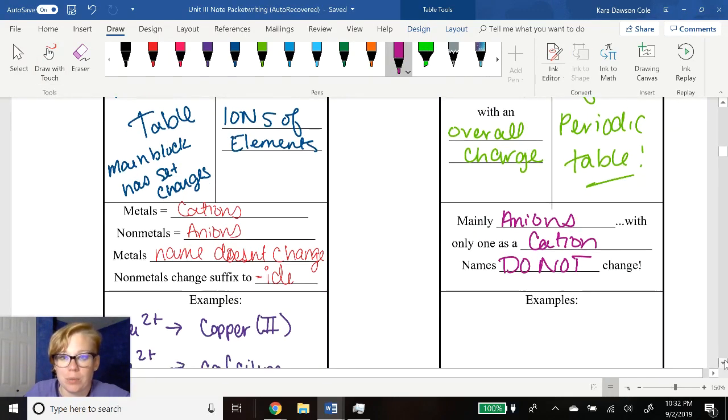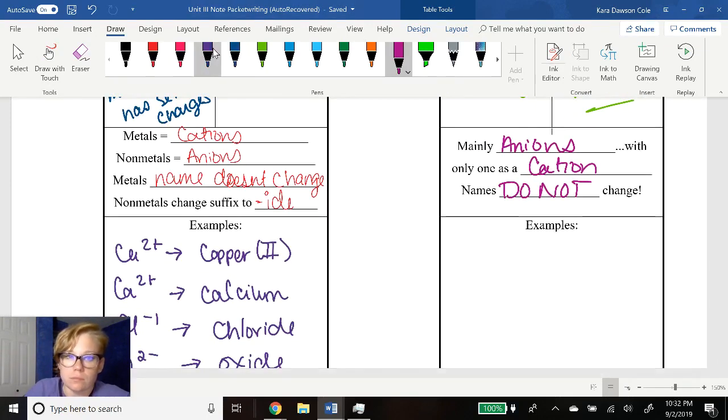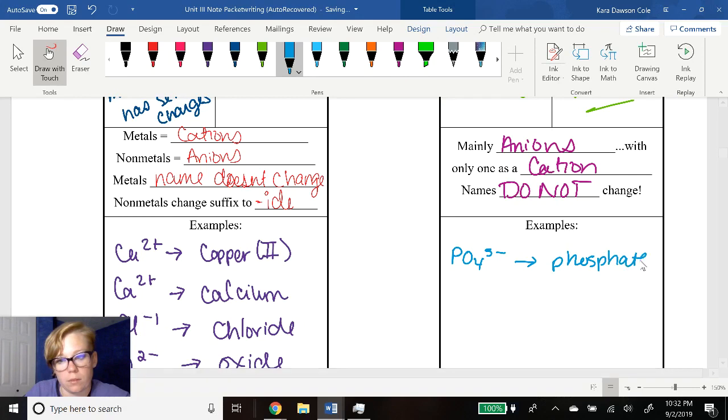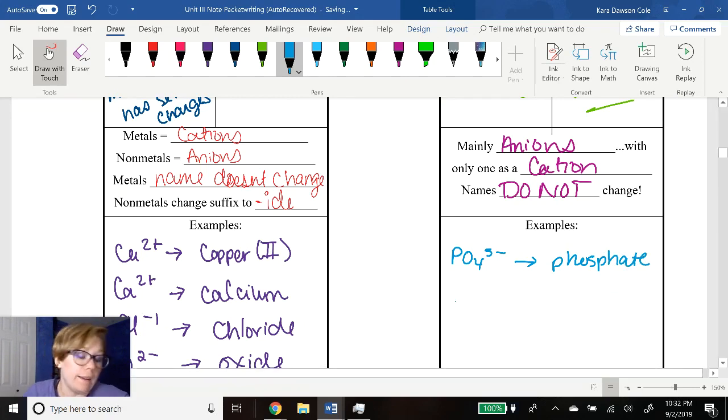So, examples of these guys. I have phosphate, PO4 3-. I have ammonium, which is NH4+.